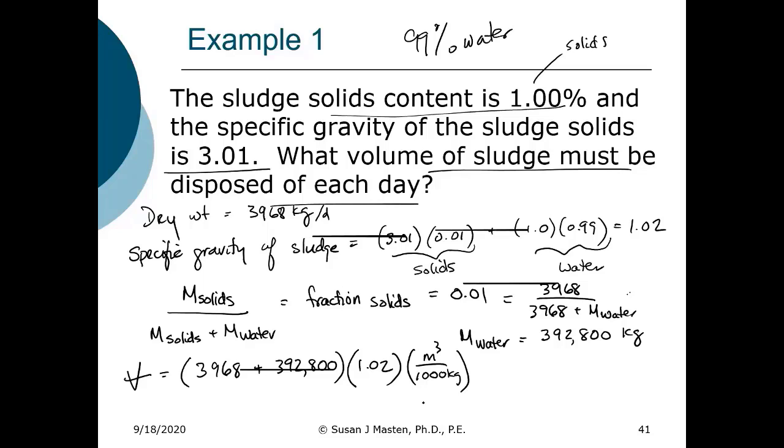We're multiplying by the density of the sludge, and this gives us 404 cubic meters per day. So we would have roughly 400 cubic meters per day of sludge that we would have to treat and dispose of.